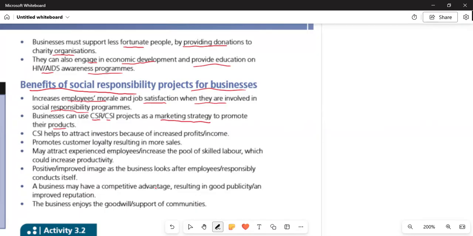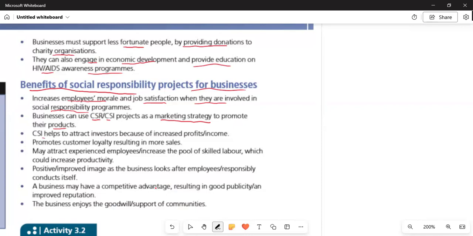It means this is going to make the customers, the community, aware of the products of the business. So now they are going to enjoy the things, and that will improve their profits.